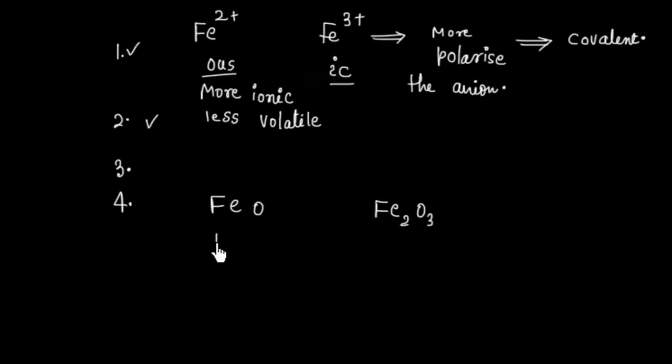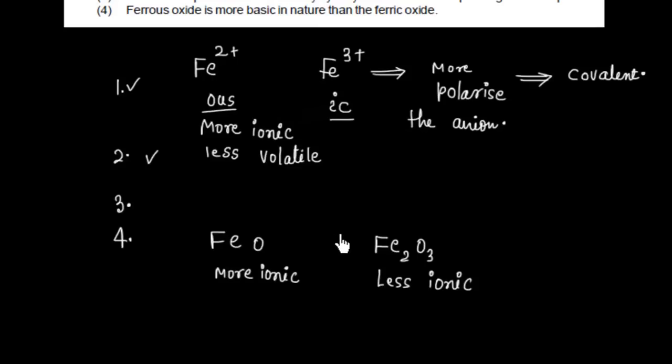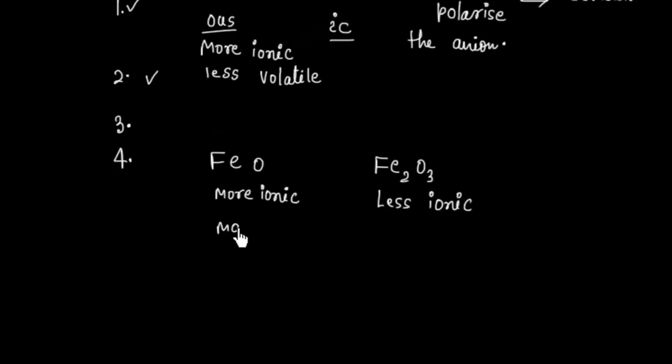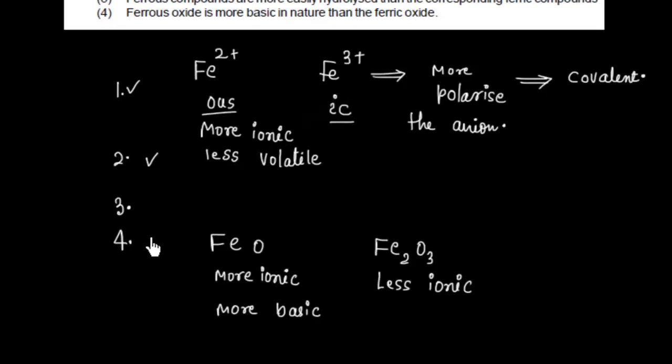I can say ferrous oxide is more ionic, and ferric oxide is less ionic. Since this is more ionic, it is more basic because it can dissolve into the solution easily. So in solution it will produce more OH minus. So this option, that ferrous oxide is more basic in nature than ferric oxide, is also true.